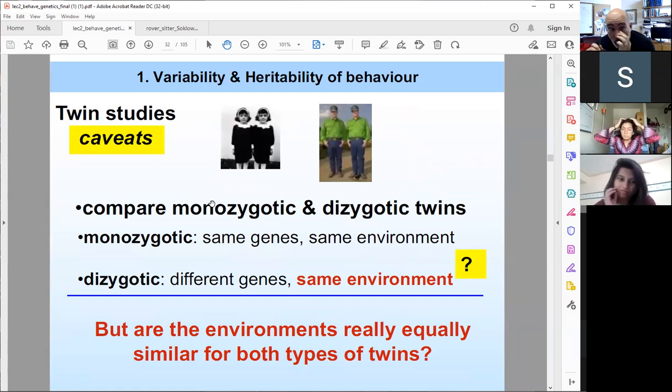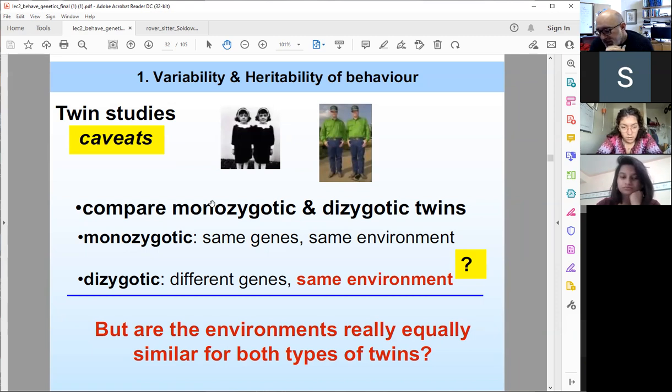So there's lots of caveats for these types of twin studies, to be fair. There are assumptions, like I mentioned, in the monozygotic to dizygotic twin comparison, the assumption is that the twins share the same environment. But that may or may not be the case, right?